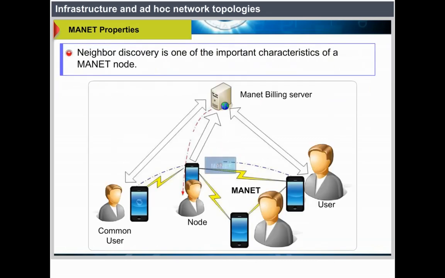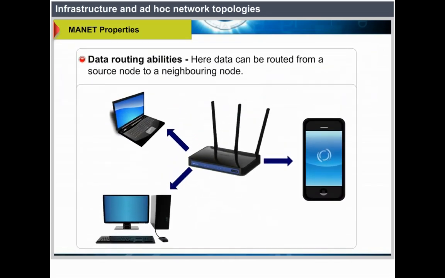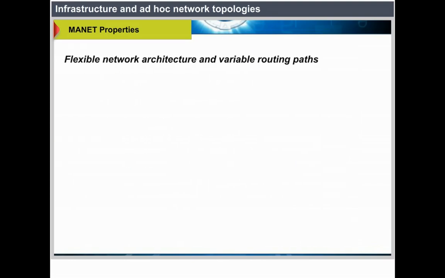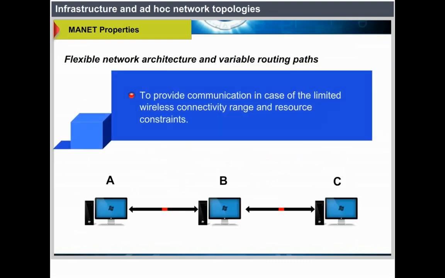Neighbor discovery: one of the important characteristics of a MANET node. Data routing abilities: data can be routed from a source node to a neighboring node. Flexible network architecture and variable routing paths provide communication in case of the limited wireless connectivity range and resource constraints.